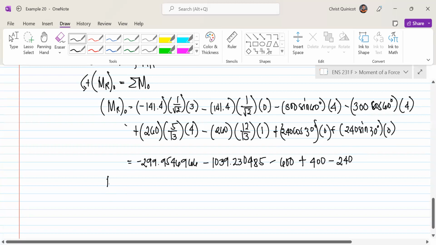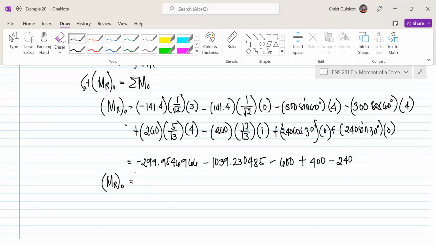So if we do summation, moment is equal to negative 299.9546966 minus 1039.230485 minus 600 minus 600 plus 400 minus 240, and that is negative 1,779.185182 pound feet.